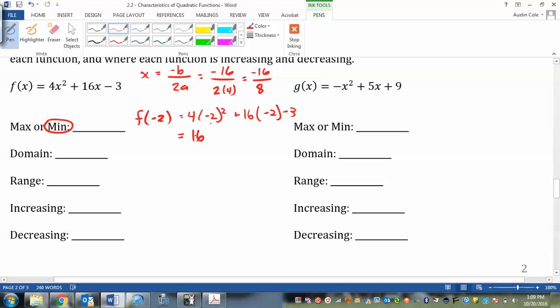What's 16 times negative 2? Negative 32 minus 3. So 16 minus 32 is negative 16. Negative 16 minus 3 is negative 19. So that means my vertex is at the point negative 2, negative 19. So my minimum is the y value, which is negative 19.